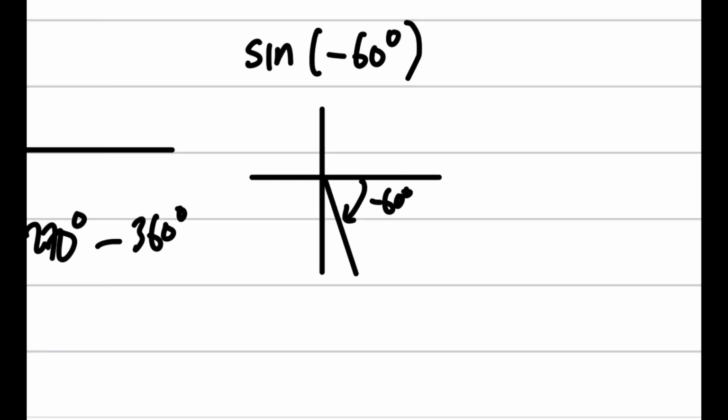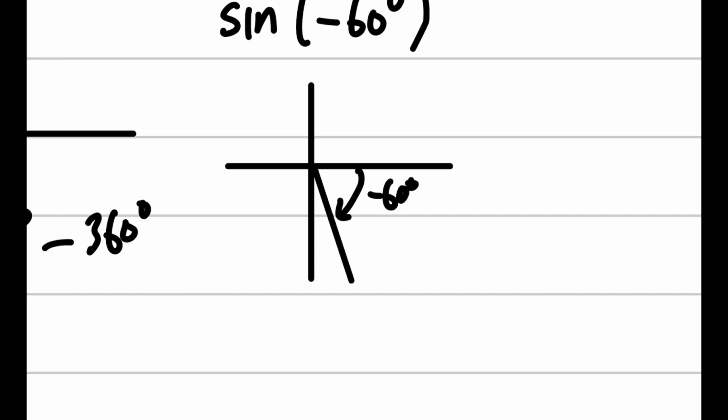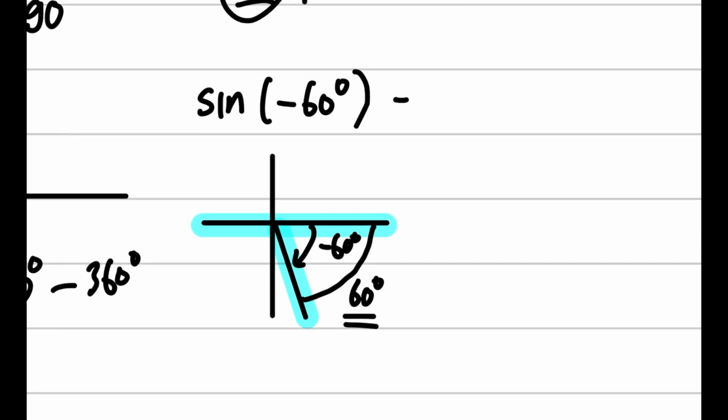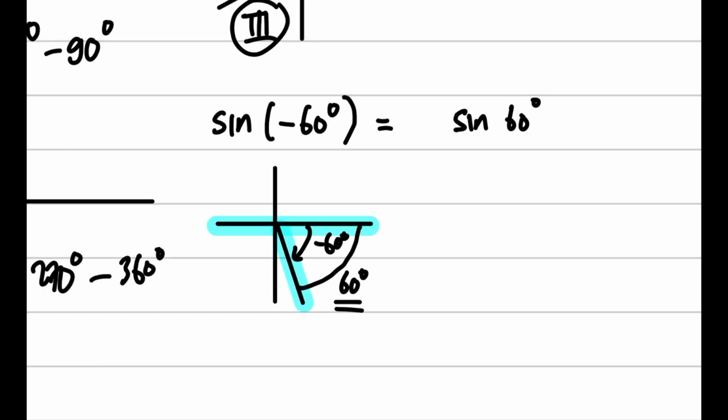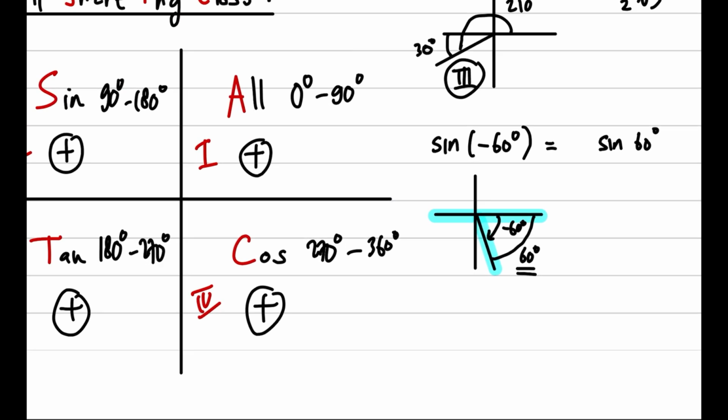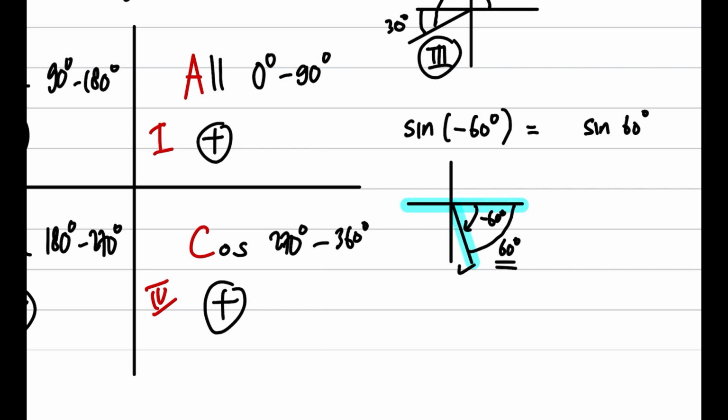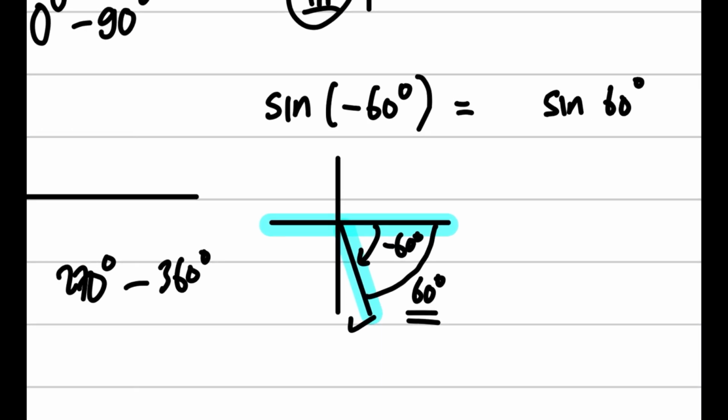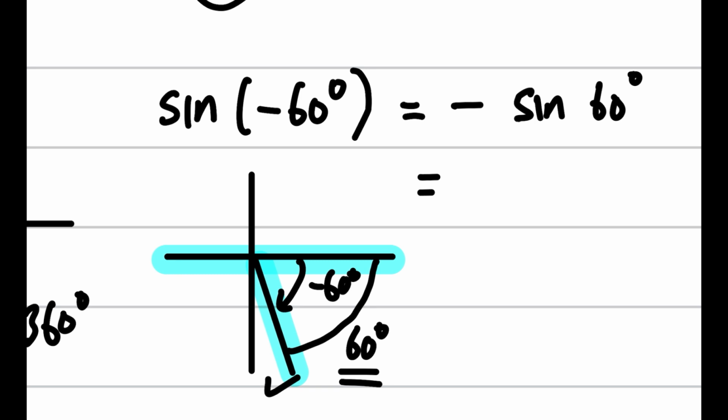The basic angle for that will be 60 degrees as well, but not negative, because the basic angle is the angle created by the line and the x-axis, and it is always positive, so we only take 60 degrees. So sine negative 60 degrees equals sine 60 degrees, but because this is the fourth quadrant, only cosine is positive, so we have to put a negative here. So that equals negative 1 over 2 square root of 3.